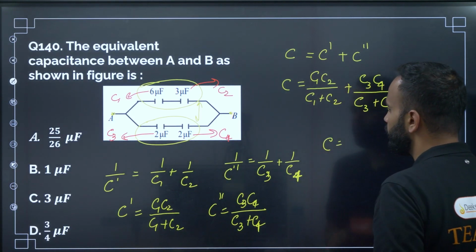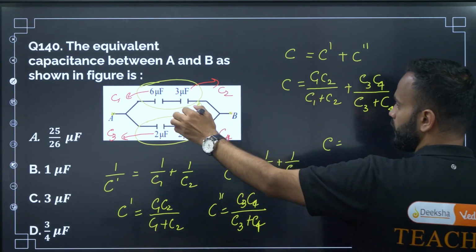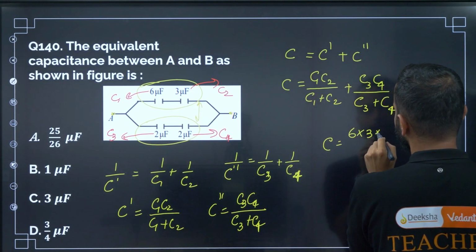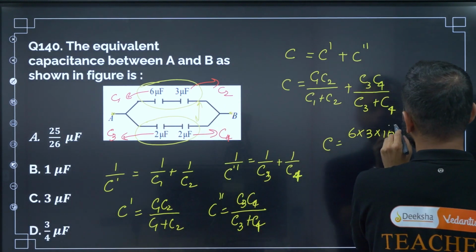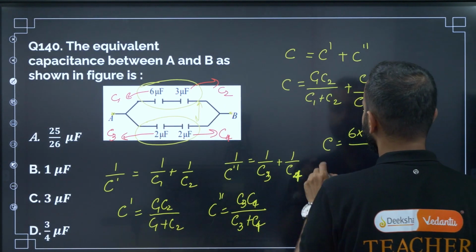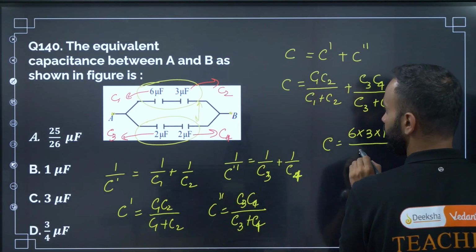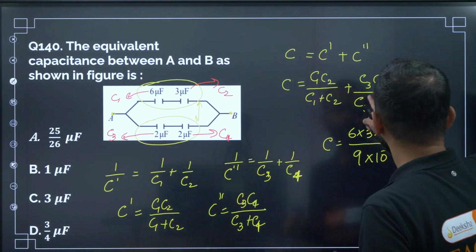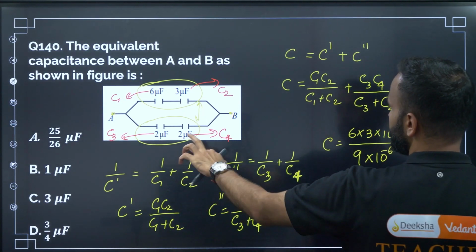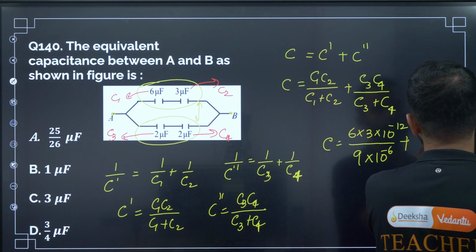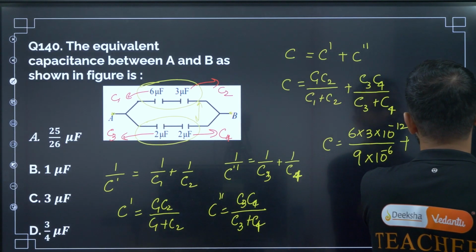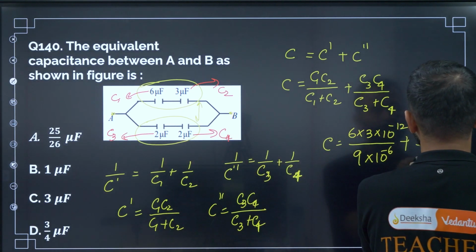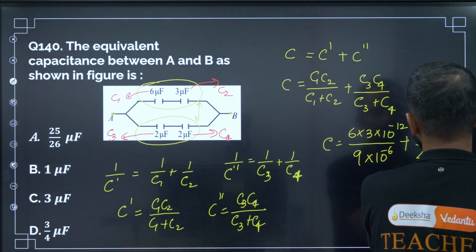C equals C1 into C2, which is 6 microfarad into 3 microfarad. So 6 into 3 into 10 to the power minus 12, whole divided by C1 plus C2, which is 9 microfarad, that is 9 into 10 to the power minus 6, plus C3 into C4, which is 4 into 10 to the power minus 12, whole divided by C3 plus C4, which is 4 into 10 to the power minus 6.